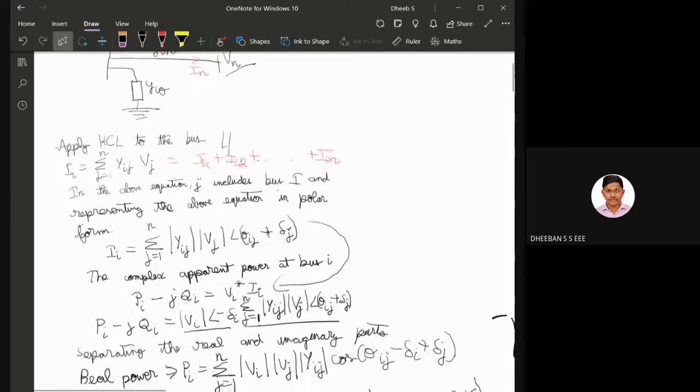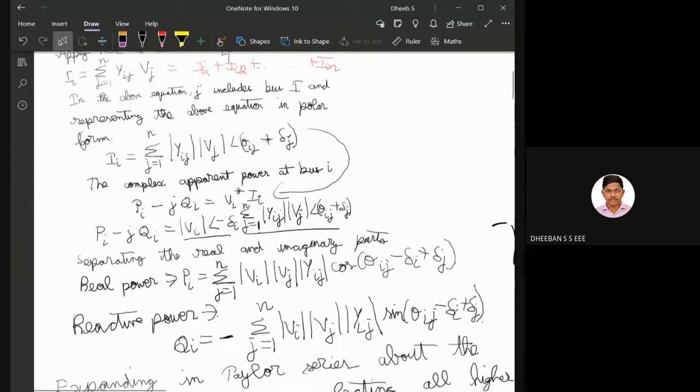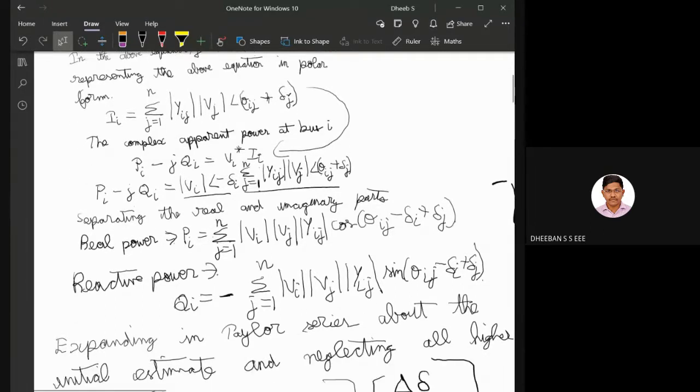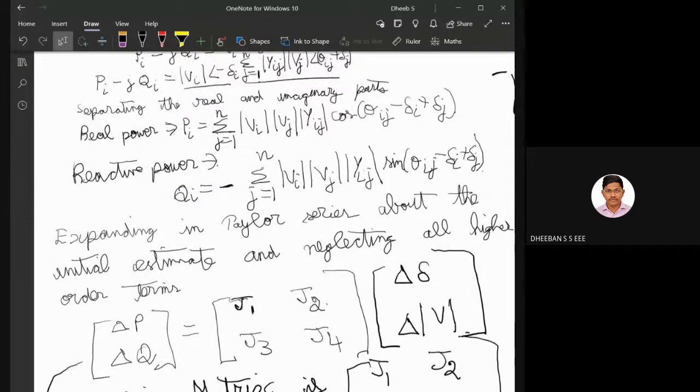Then we moved towards the apparent power, and from the apparent power equation we separated the real and reactive power equations into two separate entities.